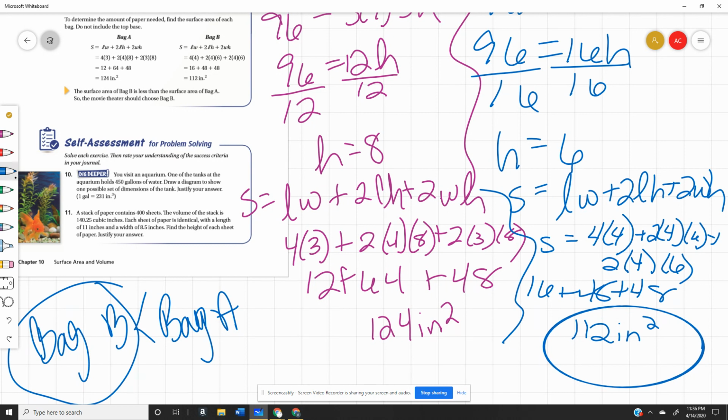It takes less paper to make, therefore it's cheaper. And you get the exact same volume. You're serving your customers the exact same amount of popcorn. You're not shorting anybody, but you don't have to pay for the paper. So there we go. I hope that helped.